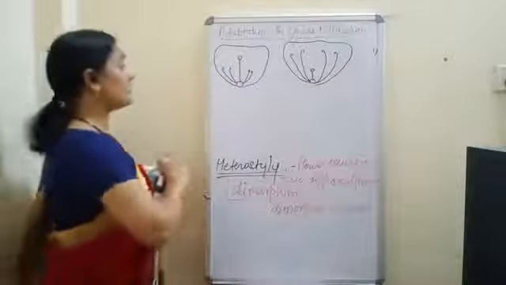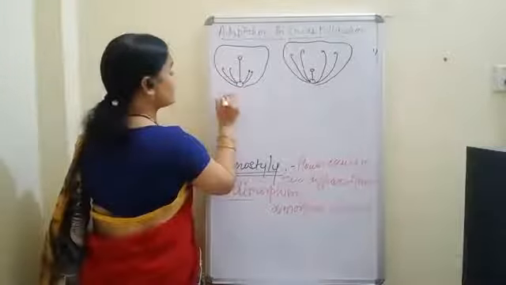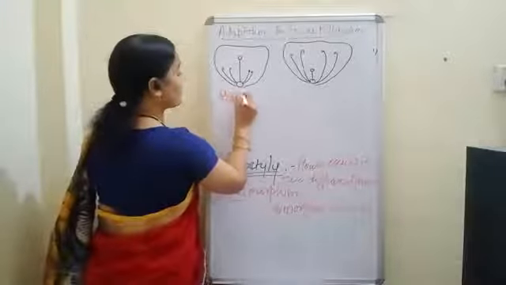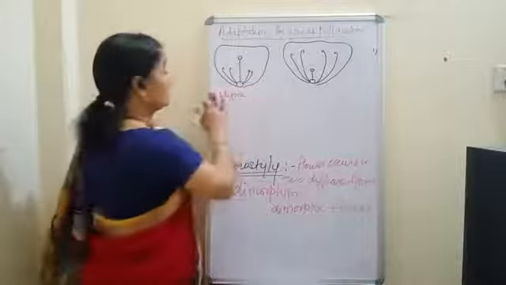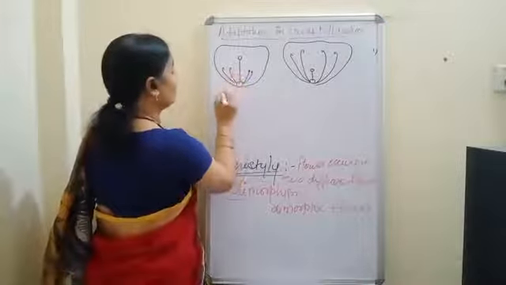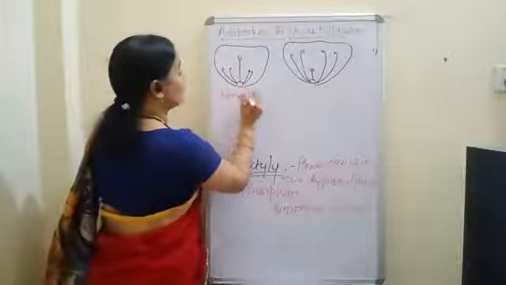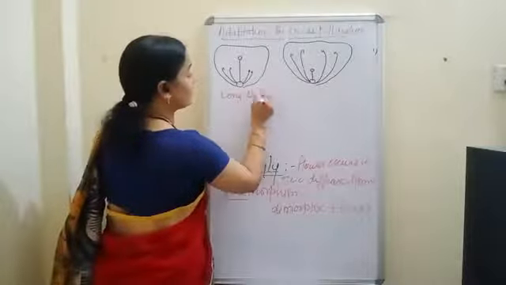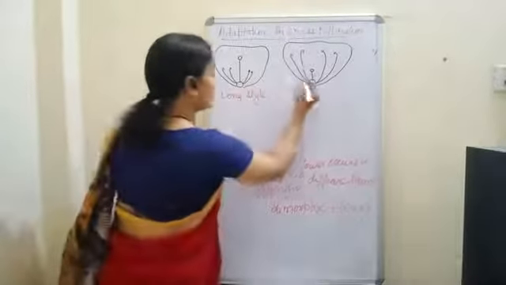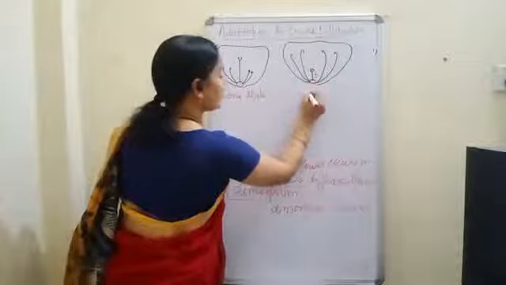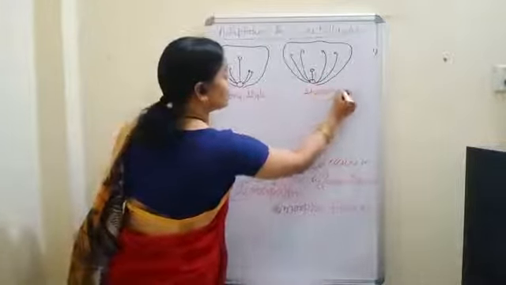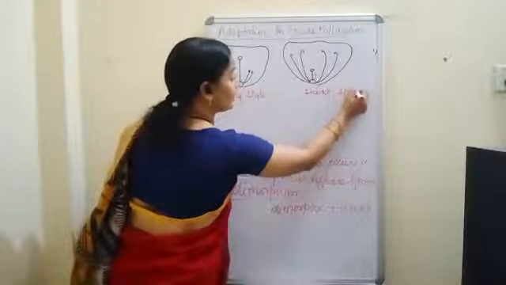Now see children, what happened in this case? The style becomes very long. We can write down long style. And in this case the style becomes very short. So, short style.